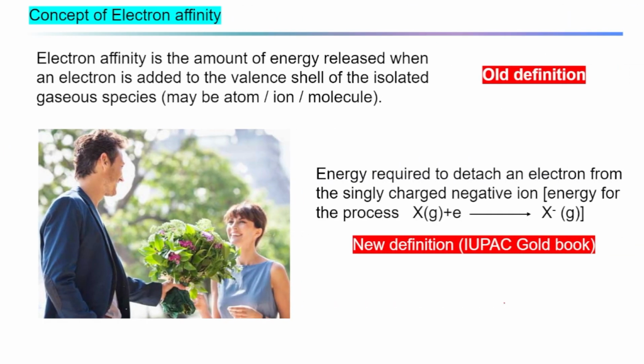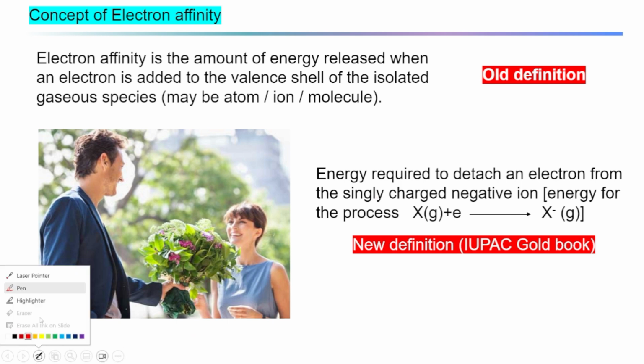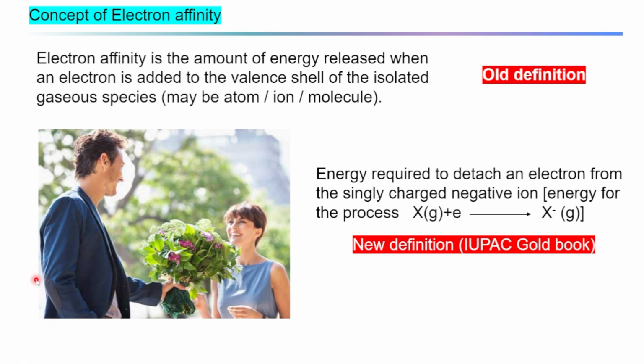So first let's try to understand what is the meaning of electron affinity. For that we will take an example. So let's suppose this guy likes this woman. Now he is thinking of proposing to her.